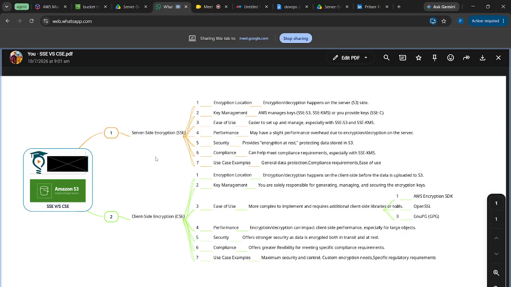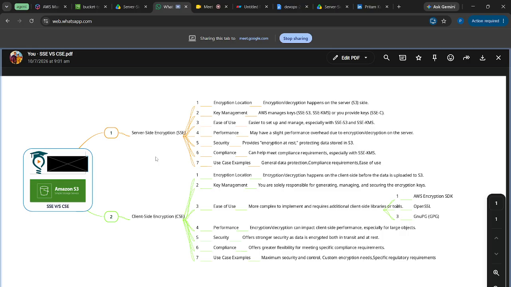In symmetric, we found out that the AES 256 algorithm is used for the bucket, along with two options available in symmetric, that is server-side encryption and client-side encryption. Now here is the slide where we are going to discuss server-side encryption and client-side encryption.